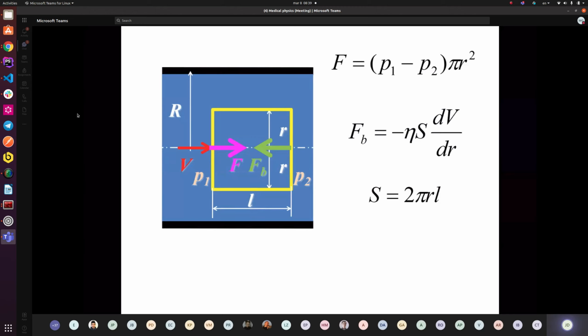So next, let's assume that this velocity is a constant and there is an equilibrium between two forces. It means if the velocity is a constant, following the second Newton law, the resultant force is equal to 0. This means that F is equal to Fb.